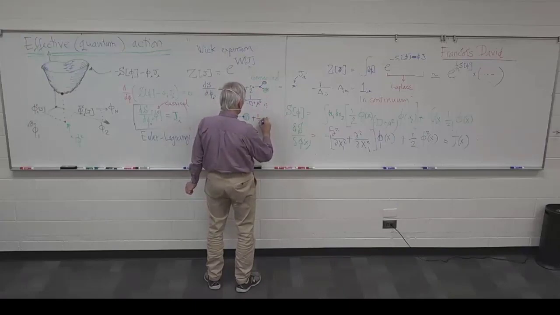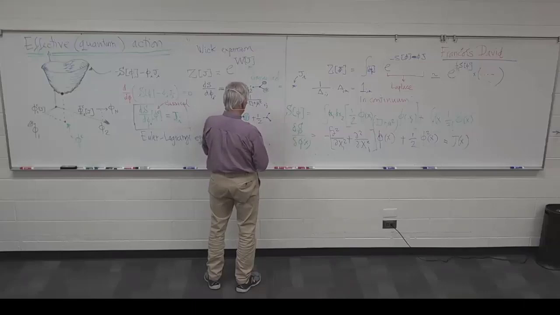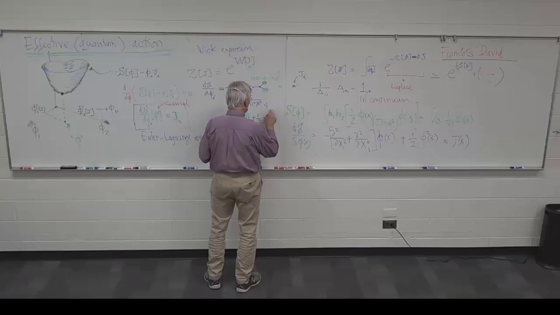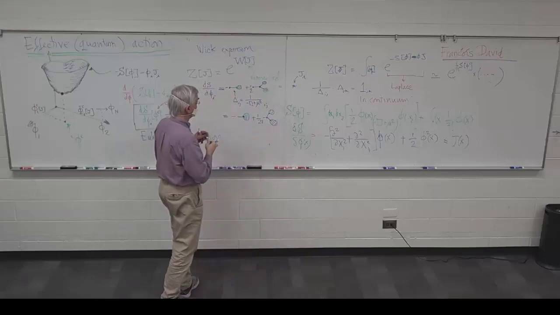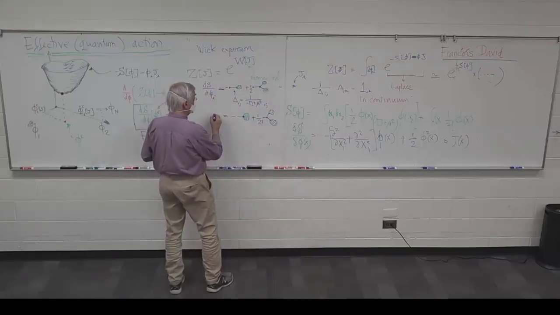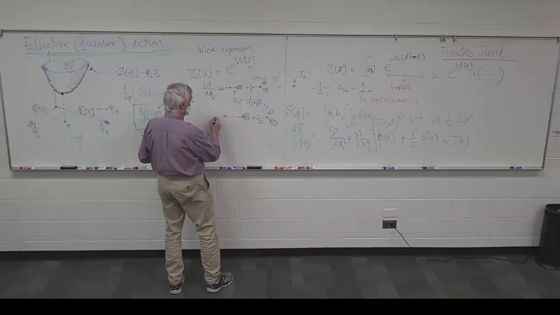So I have a free index and then 2 propagators going onward. And that just is the source term, J.